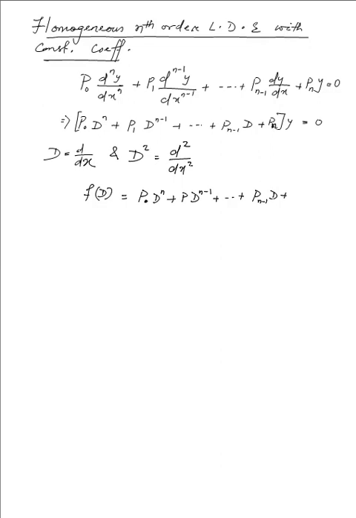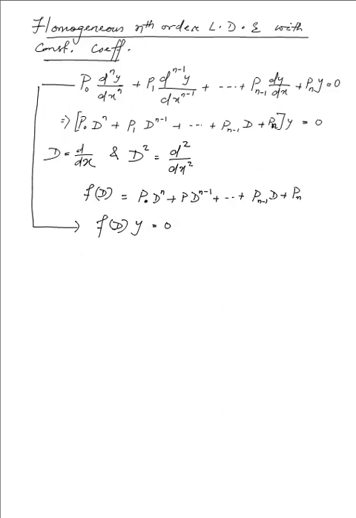I had taken it as P naught, so it is Pn. So that's the notation we are using, f of D. That means the above equation goes to f of D operating on y, giving the homogeneous relation with 0 on the right hand side of the equation.